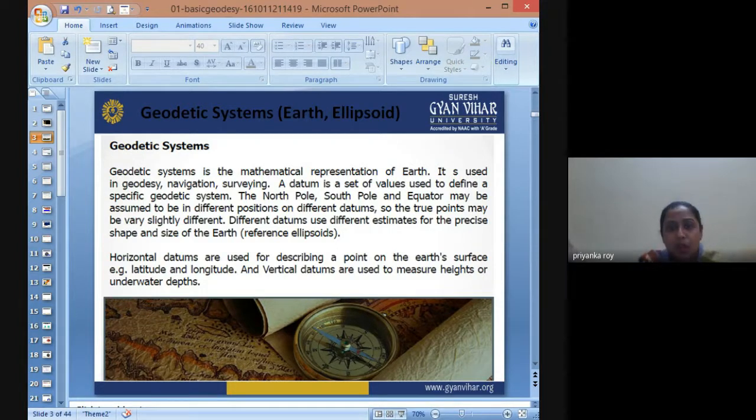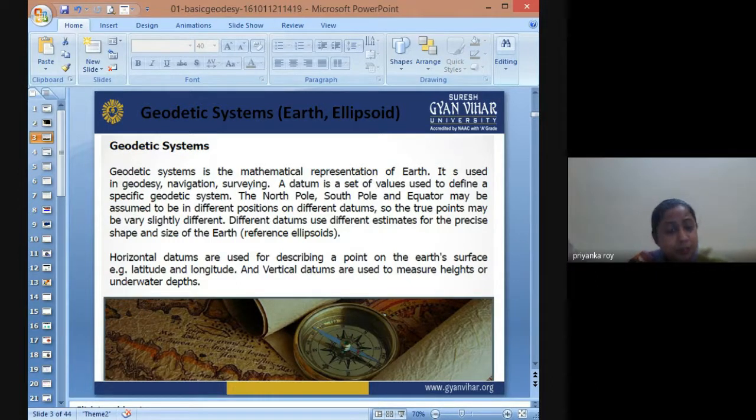So the true point may vary slightly between the different geodetic systems that can be followed. There are local geodetic systems, and there are universally or internationally accepted geodetic systems for map projections.